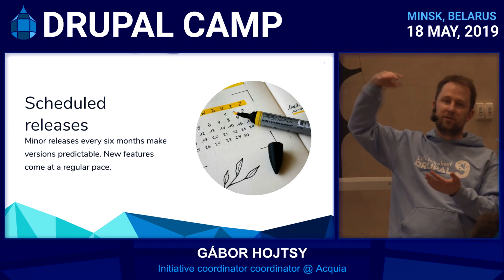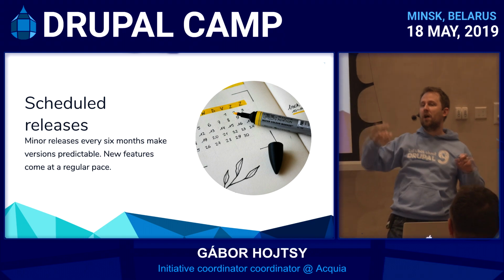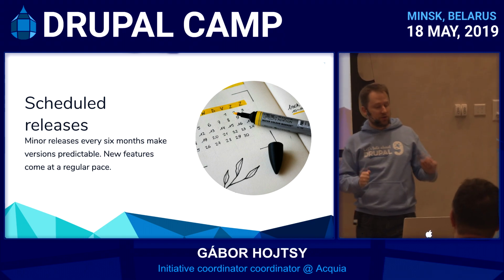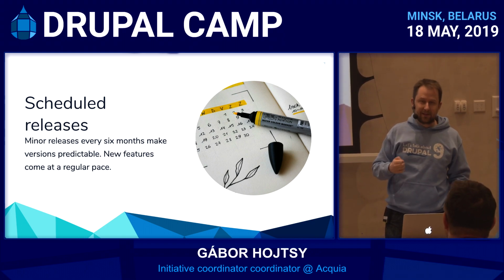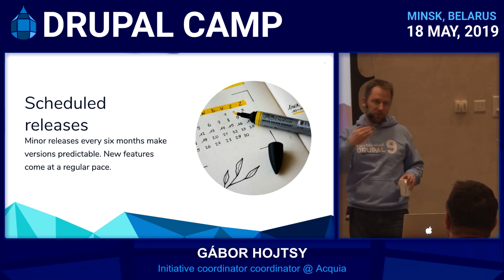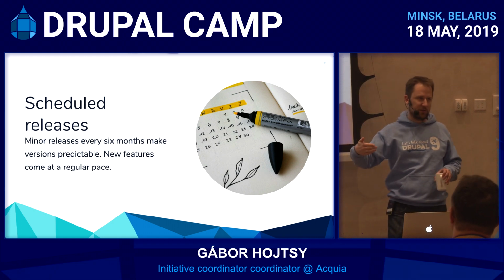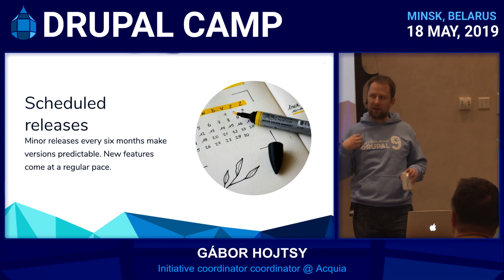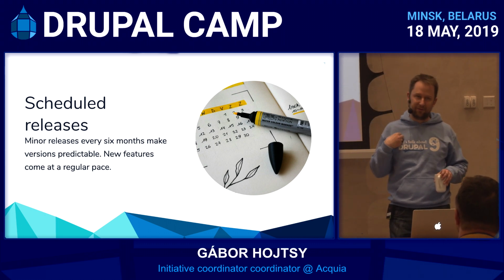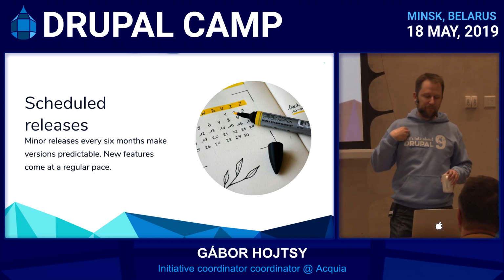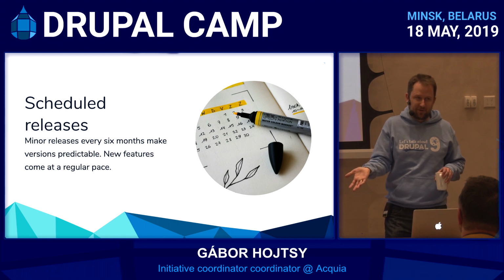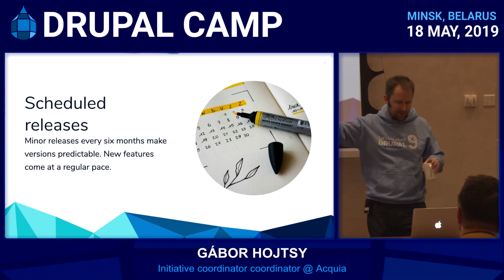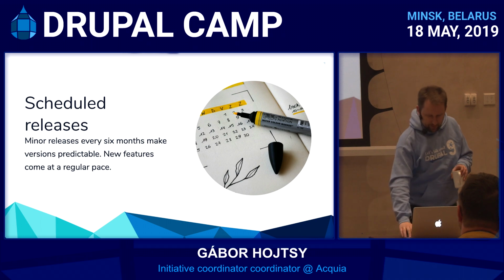It's not released in 2 years or 4 years or when it's ready, but it's released in 6 months. So it's an incentive to contribute to Drupal core, because whatever you work on is going to be in users' hands much faster. It's better for us as core developers because we get feedback faster from users. And it's better for users because they get features faster and Drupal can innovate faster. So it's like a win, win, win, win, win, win, win.